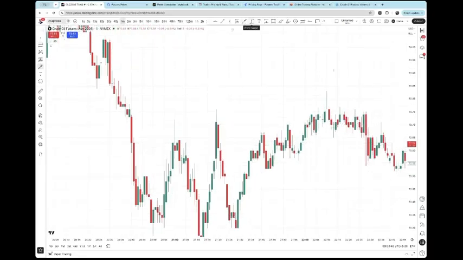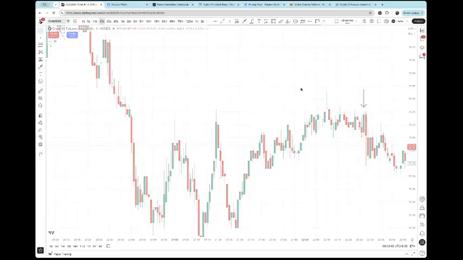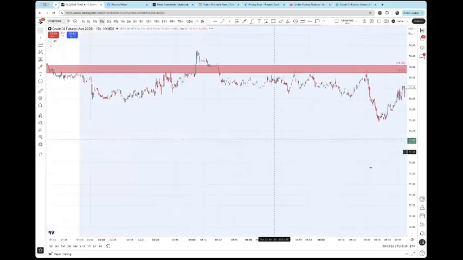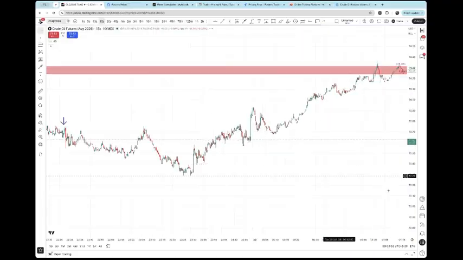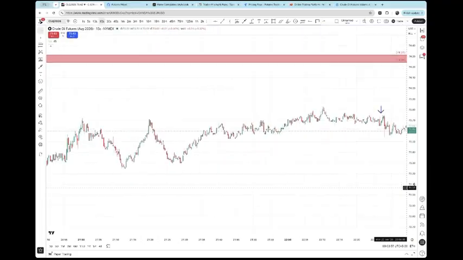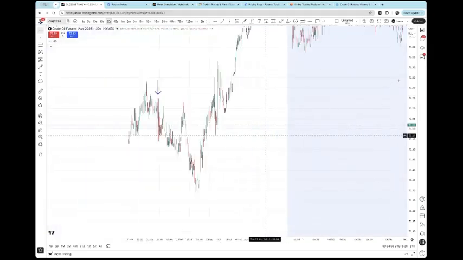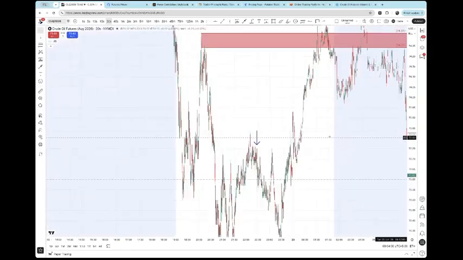We will try to find out whether there is any zone on 10 second, 15 second, 1 minute, because we have to practice. This is your rally-base on the 30 second chart, it will be much better.